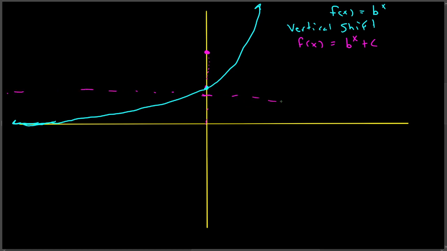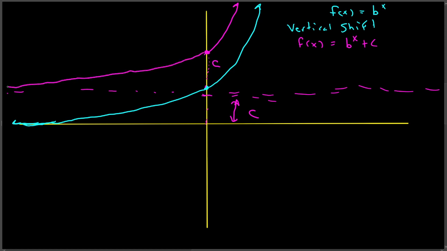And so when I have a shift in c, the asymptote increases by c, and this point increases by c, and my new function shoots off towards infinity here and is asymptotic to whatever the value of c was. Now, c could be a negative number, so a positive c is up and a negative c is down. And the same thing would happen here. We would shift it down, and that's a vertical shift.